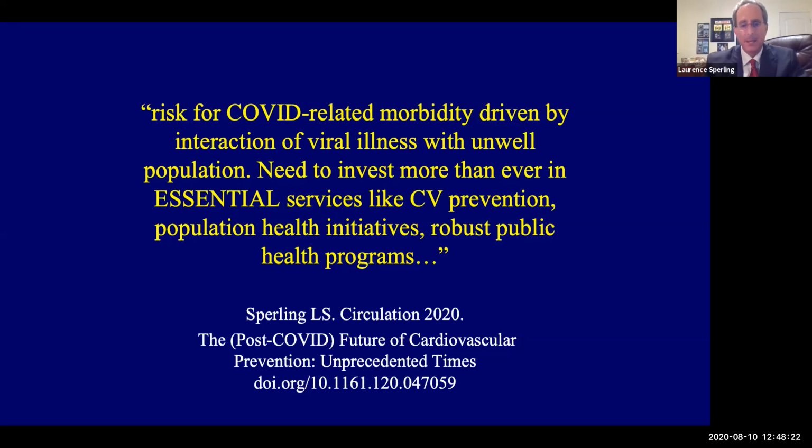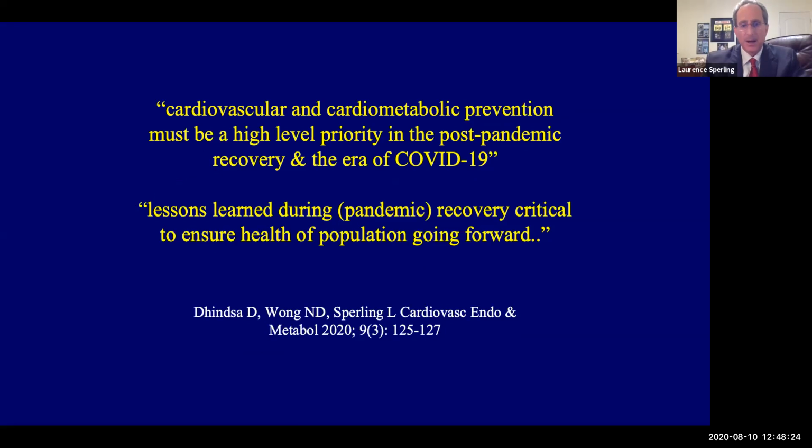Next slide. Published in Cardiovascular Endocrinology and Metabolism, in a also commentary, we mentioned that cardiovascular and cardiometabolic prevention must be a high-level priority in the post-pandemic recovery and the era of COVID-19, and that the lessons we are learning right now during the pandemic and during the recovery will be critical to ensure the health of populations going forward. Next slide.